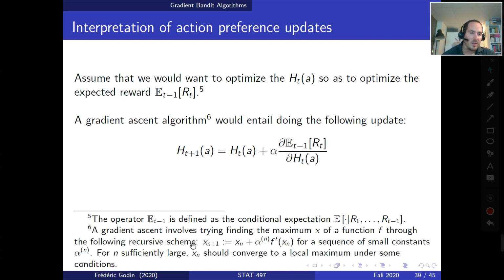The recursive formulation to get that sequence of points is the following. The (n+1)th point in the sequence should be the previous point plus alpha n, which is what we call a time step, a small quantity, times the derivative of the function in one dimension.